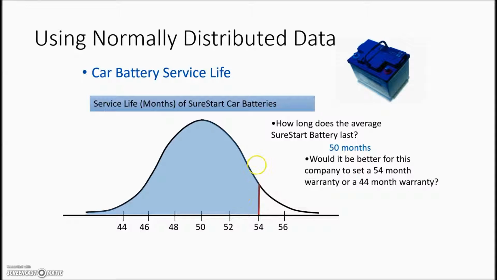That's a lot of batteries that are going to fail that this company would be responsible for replacing, versus 44, which is 1, 2, 3 standard deviations below the mean.